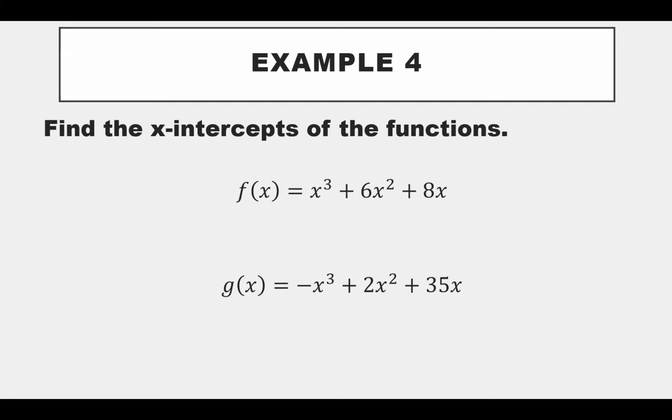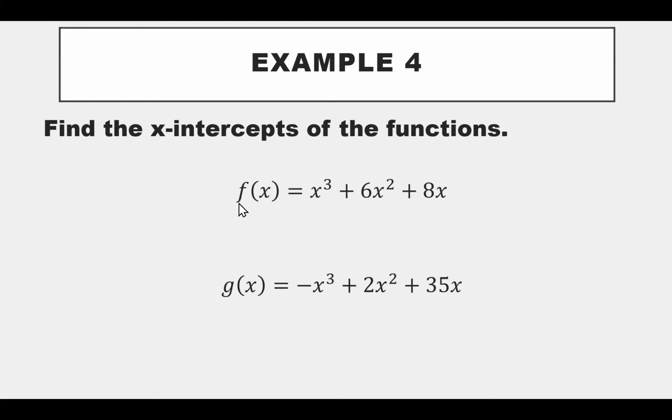What if we have a higher degree polynomial, higher than a quadratic, and we want to find x-intercepts of functions like these? We're going to look at a couple of factoring tricks. This is not going to be a complete look at all of the properties of factoring that we can do, but rather we'll just see a couple of tricks of factoring in this example, and then also when we get to example 5.